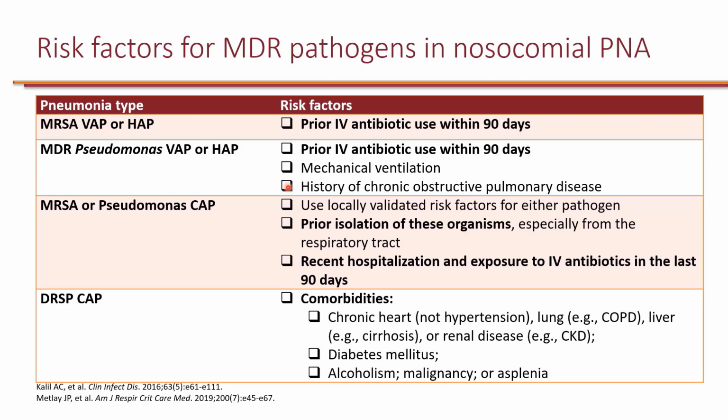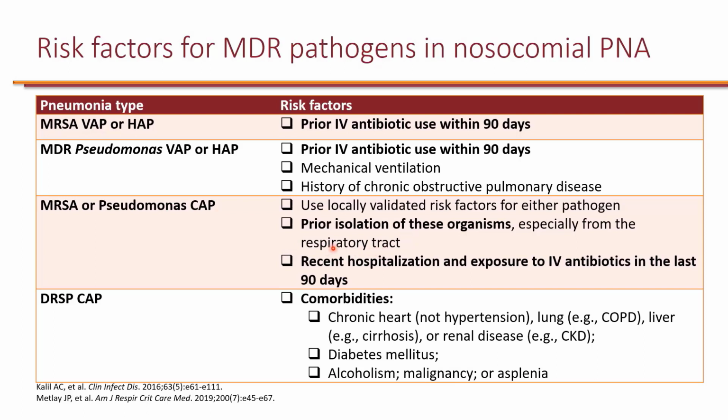Now, when we look at the guidelines for CAP, you can see that for MRSA or Pseudomonas, they actually recommend to use a locally validated risk factor for either pathogen. So it really depends on the hospital because they couldn't find a validated risk factor that will work across the country. And one strong risk factor for MRSA or Pseudomonas is actually a prior history of isolation of these organisms, especially if it's in the respiratory tract.